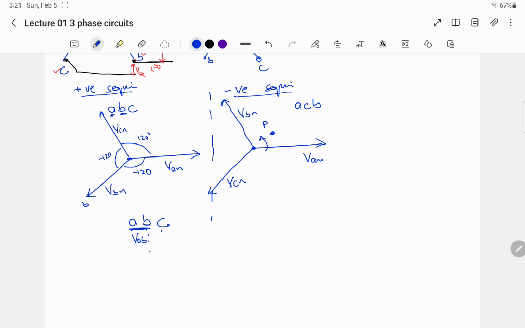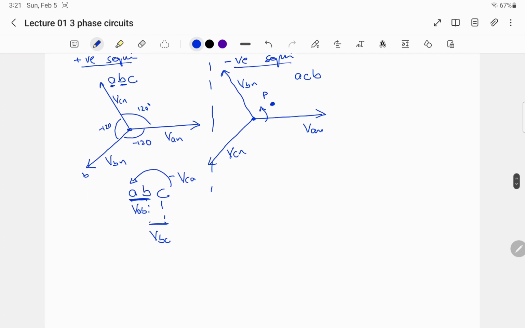Then there will be VBC. And then, as I have told you, the vector rotates. It will be VCA. So in the positive sequence, we have the three line voltages as VAB, VBC and VCA.